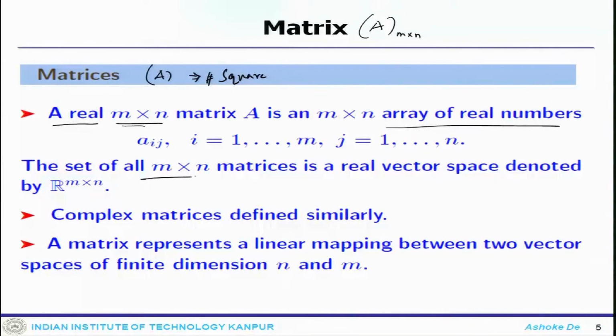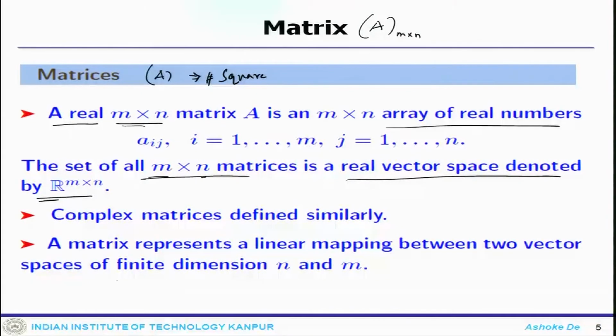So, the set of all these m by n matrices is a real vector space denoted by R^(m×n). Now, once you go back to this matrix, it essentially has its row vectors and column vectors. There are m row vectors and n column vectors, and they form some sort of vector space.